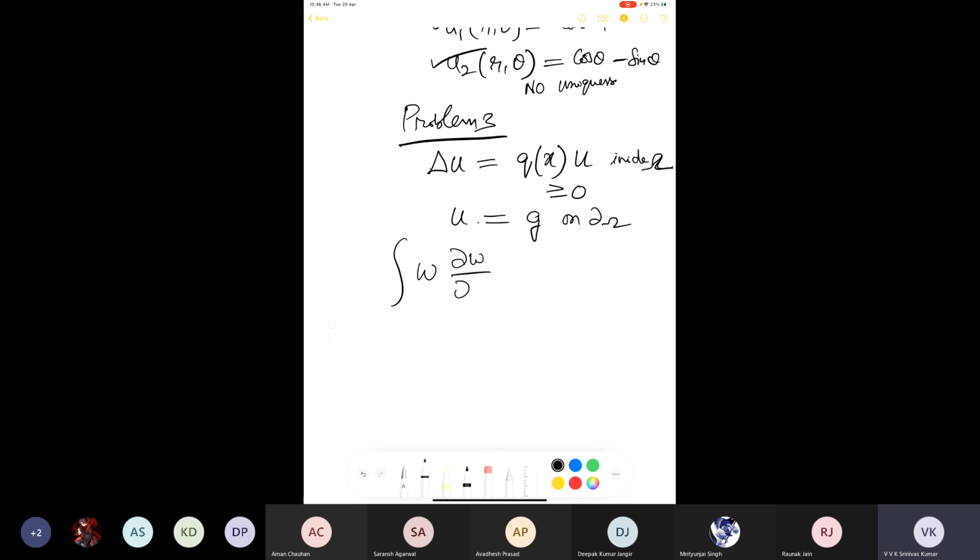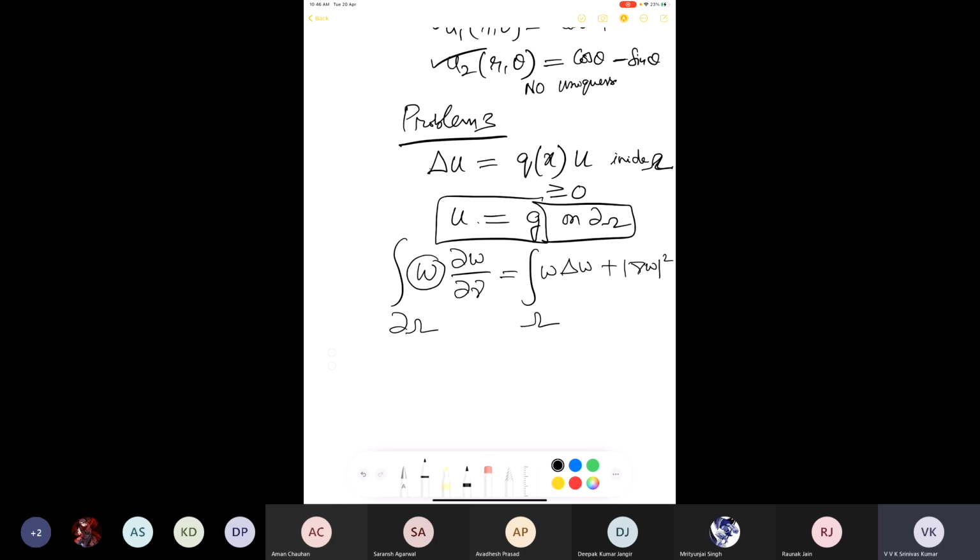Then by Green's identity we have the boundary integral equal to the integral over omega of w Laplacian of w plus the gradient of w squared. Now u equal to g on the boundary gives u1 equal to g and u2 equal to g, so the difference w is 0 on the boundary. So the left-hand side is 0.